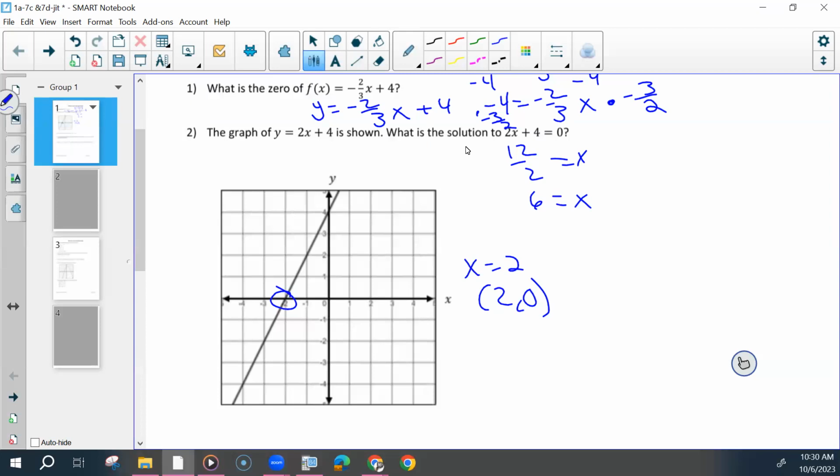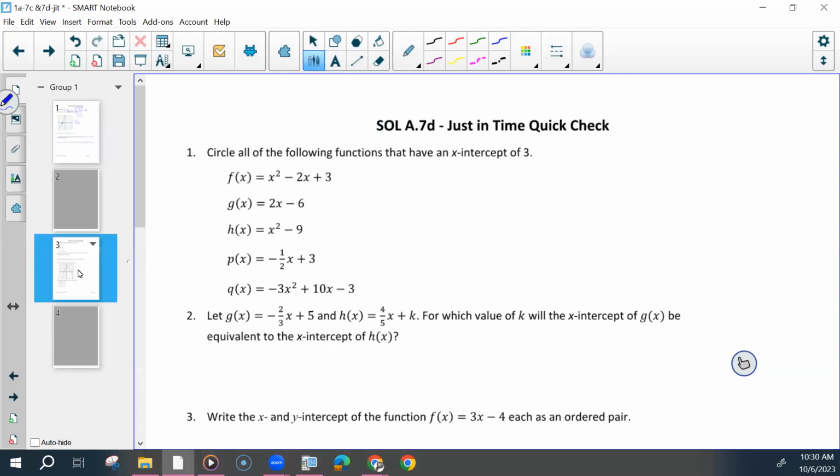So flip it over to the back. And then I said 1, 3, and 4. So for number 1, I'm going to just put these all into Desmos at the same time.